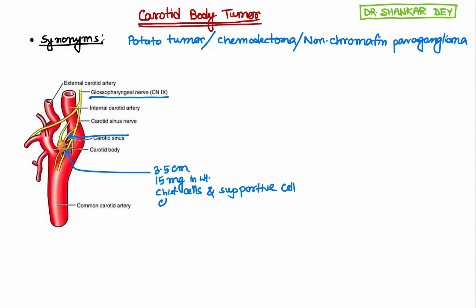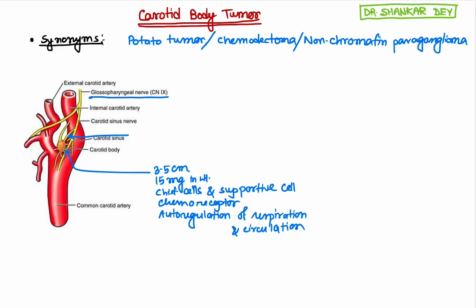This carotid body acts as a chemoreceptor that is sensitive to changes in pH and temperature of the body in case of hypoxia, and helps in autoregulation or chemoregulation of respiration and circulation. So this is about normal carotid body.